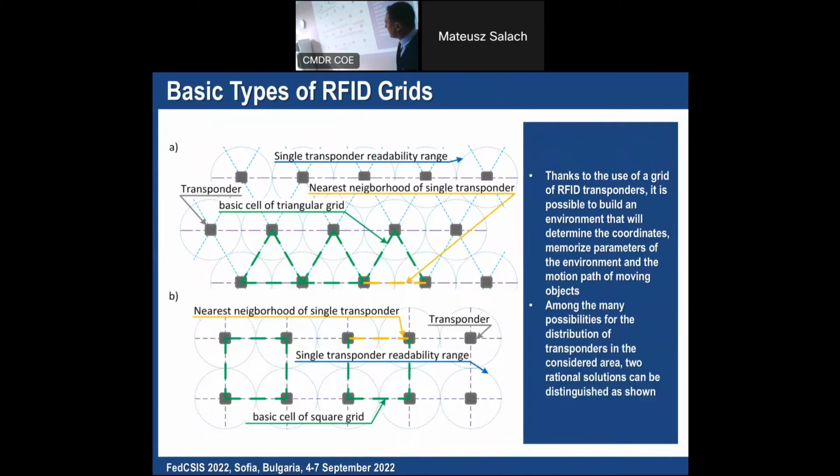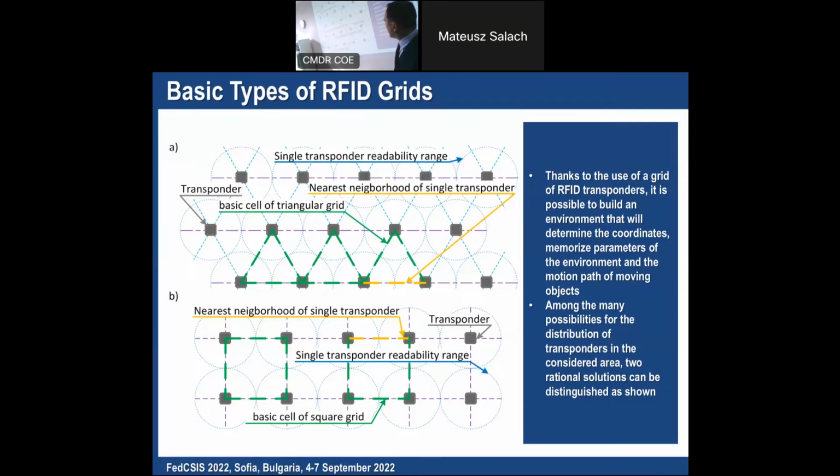For example, here we see 2 patterns, 2 types of grids: the triangle one, which is this one, and the square one. The question is which one is better, and what factors should we take into account by analyzing the patterns.